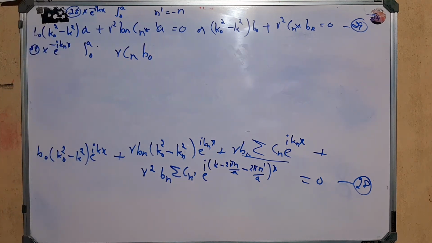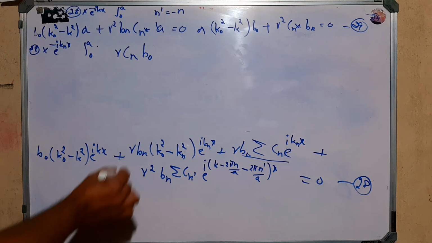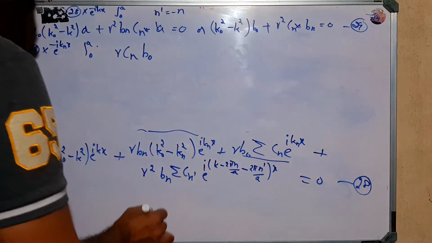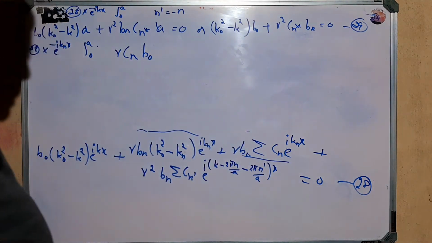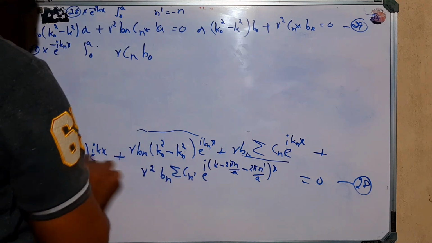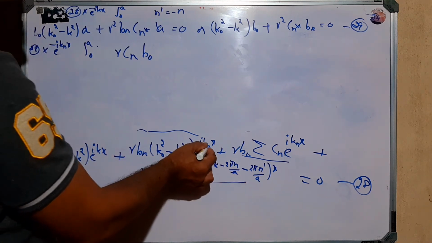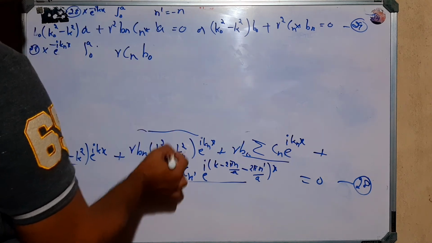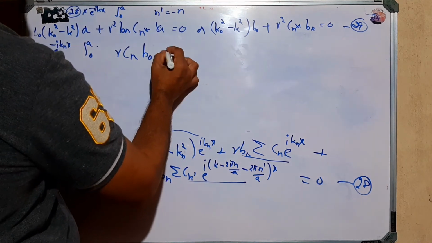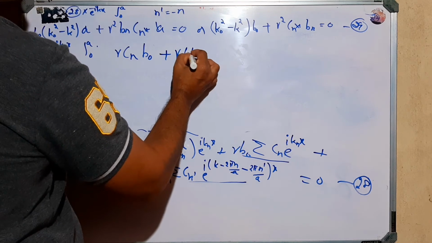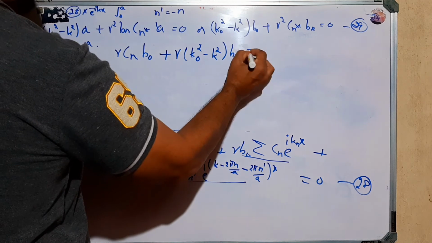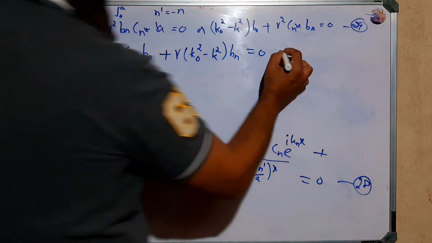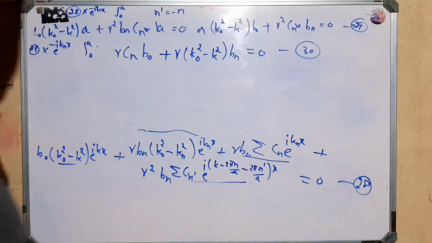Similarly, I am coming to the second term now. Because I want the same order, b naught first, therefore I have considered the third term first. So the first and last terms reduce to 0. Here it becomes e to the power 0. The remaining term is plus gamma into k naught square minus k square into bn equal to 0. This is equation number 30 you are getting.